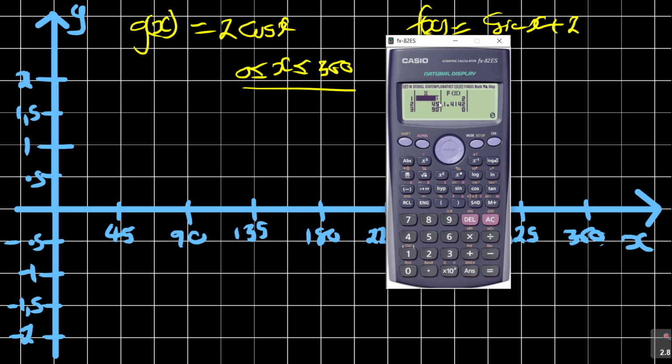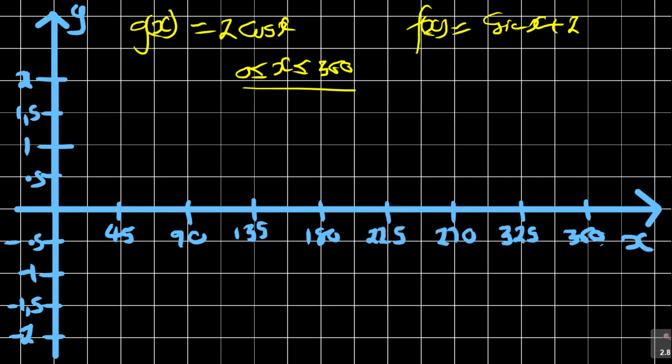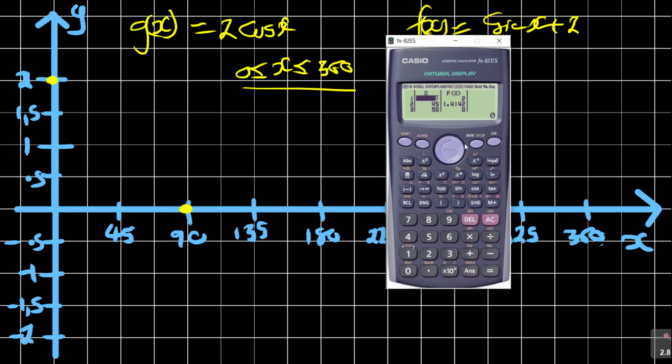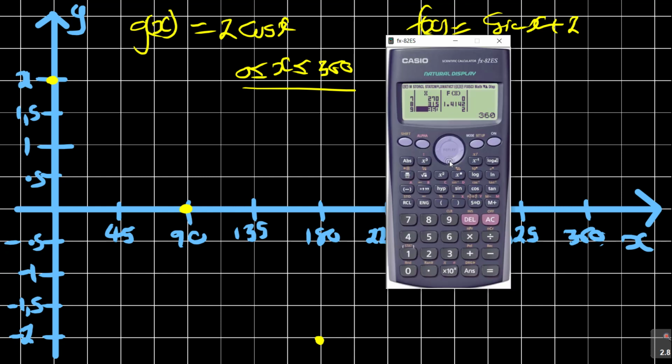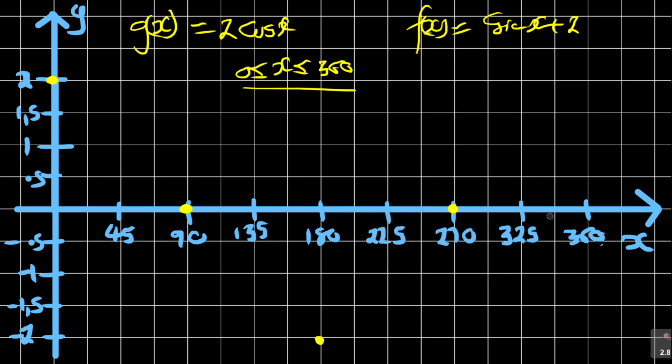Then 0 is 2, 90 is 0, 180 is minus 2, 270 is 0, 360 is 2, there it is. And then you come up with a graph like this.